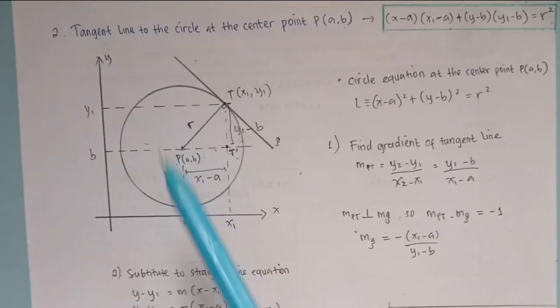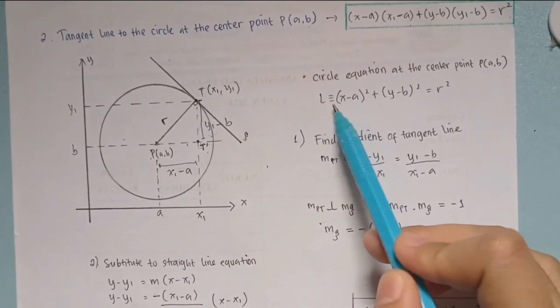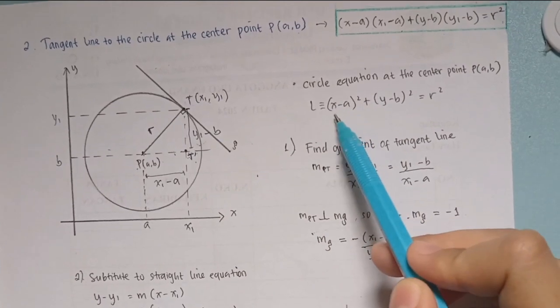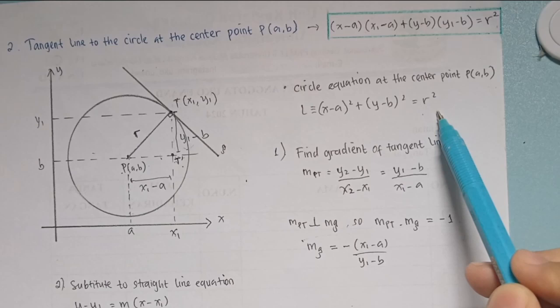So this situation fulfills the circle equation at the center point P(a, b), where its equation is (x minus a) squared plus (y minus b) squared is equal to r squared.